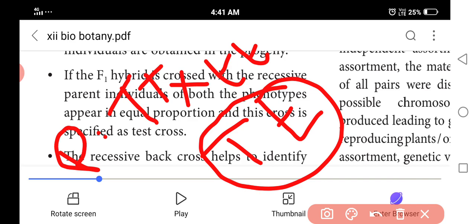Backcross means it will be crossed with the dominant character, capital T, so homozygous tall and heterozygous tall, all tall. That is the backcross: the F1 generation crossed with a parent. It may be dominant, that is dominant backcross, and it may be recessive, then recessive backcross.